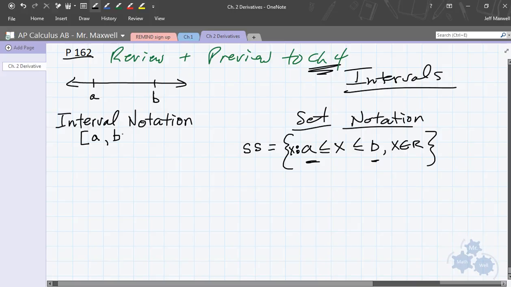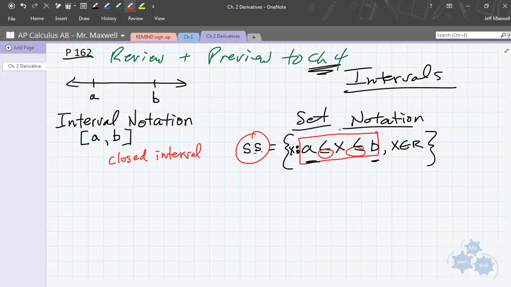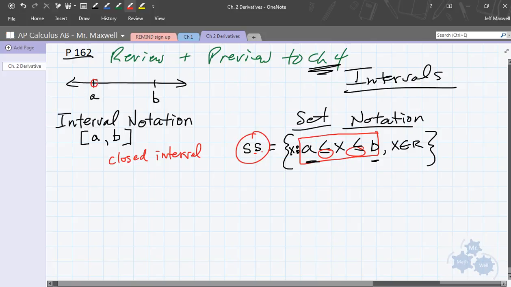So the domain goes from A to B, and if both brackets are square brackets, that means this is a closed interval. A closed interval means all the values from A to B, including A and B. You can think about that as a filled in or closed circle. That's a very good way to remember it.